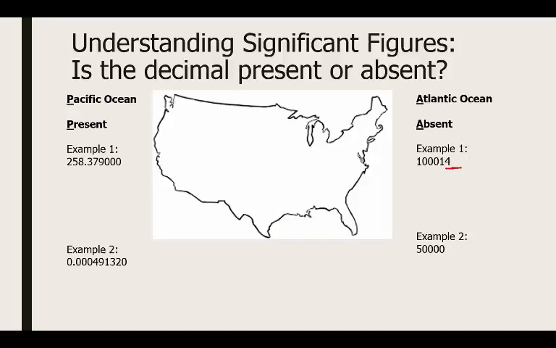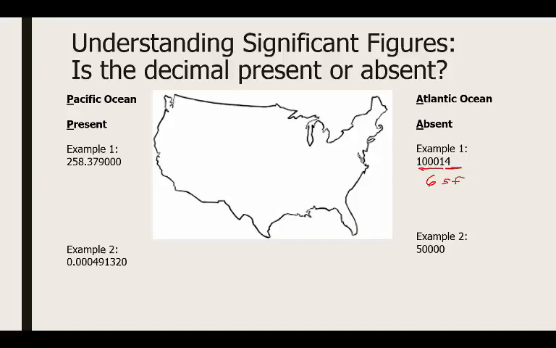So that means that the number 4 and every number that comes after the number 4 are significant. So in example number 1, we have 1, 2, 3, 4, 5, 6 significant figures.